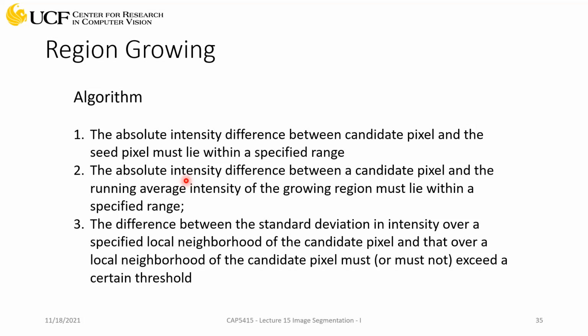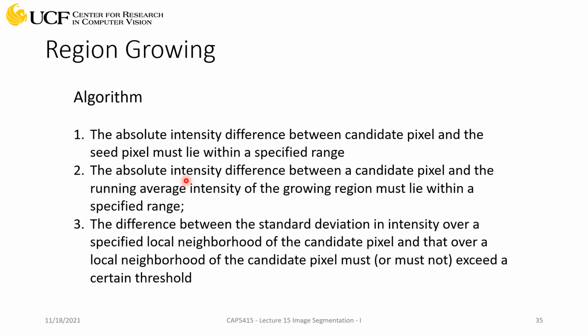If the difference is less than 2, I will say these are the same segment. Then I can start with 0, go to 1, and say 0 and 1 are close together because the difference is less than 2. Same segment. Then I go from 2 to 3, again the same segment, and I can go all the way up to 100, and it will be just one big segment.